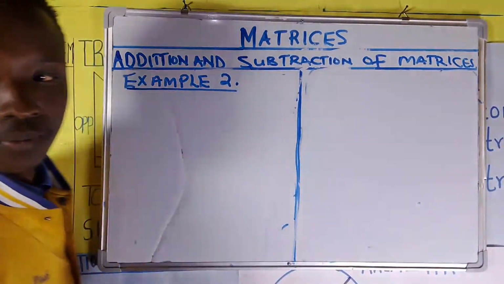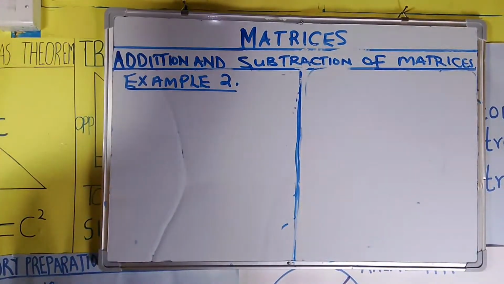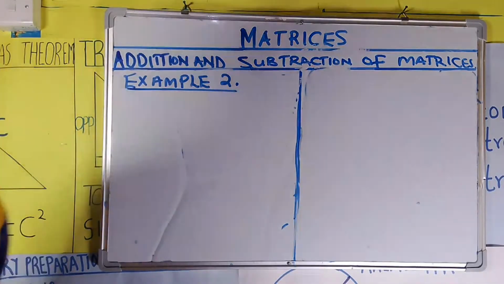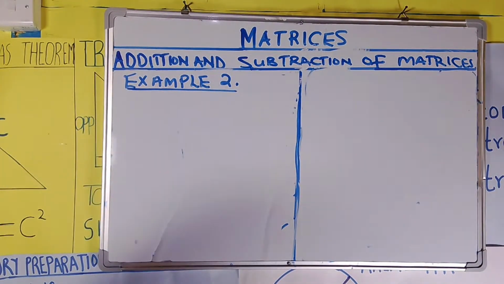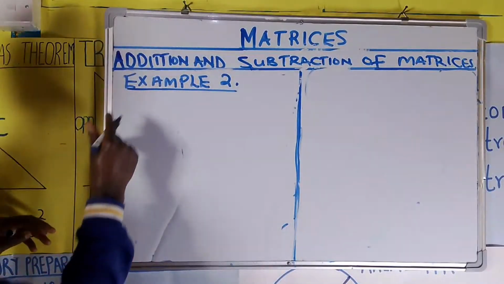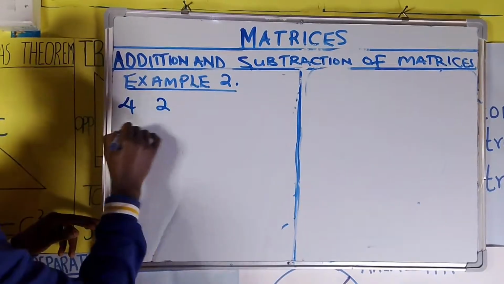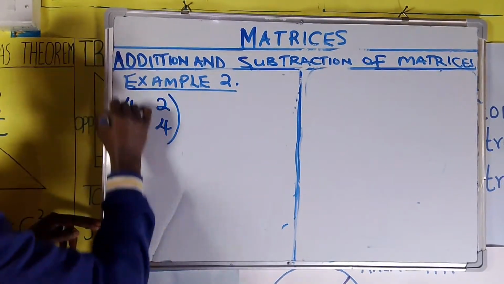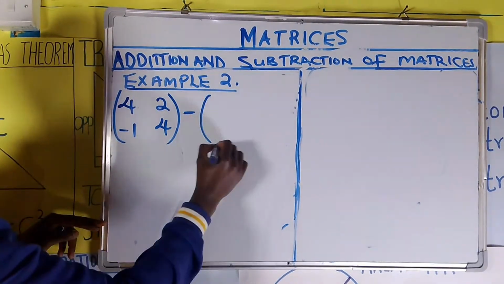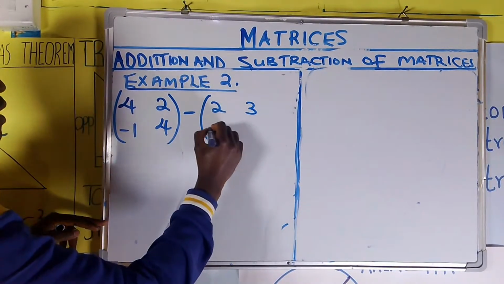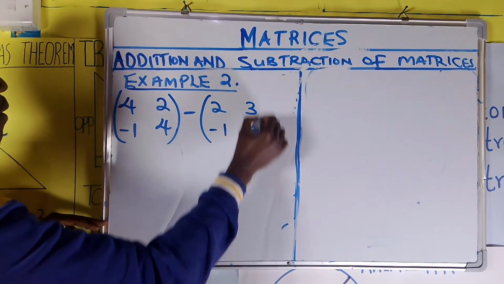Example 2. We have 4, 2, negative 1, 4 minus 2, 3, negative 1, 4.